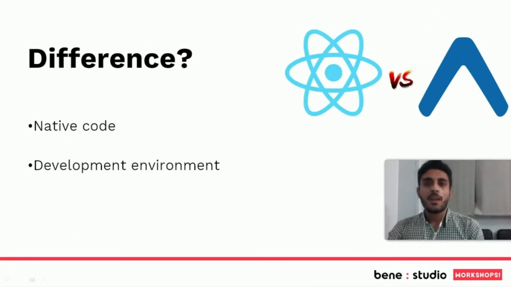So, what is the difference between developing an application using React Native and developing the application using Expo? So, as I have explained earlier, React Native lets you build a real native application. So, from time to time, you will have to use native libraries for some features.